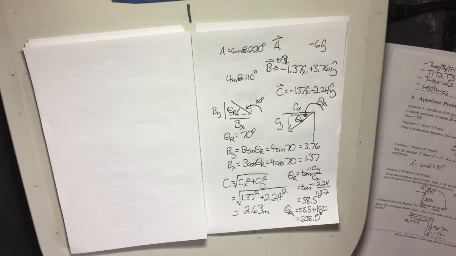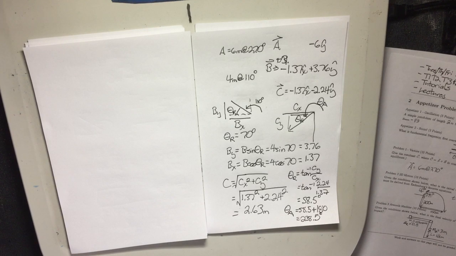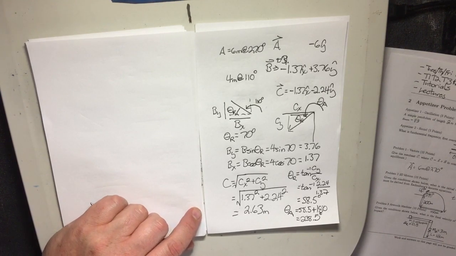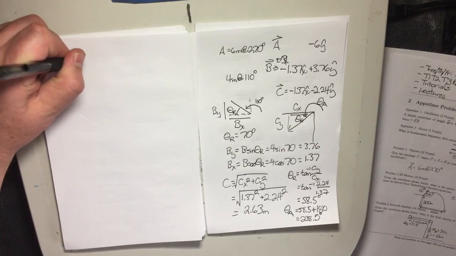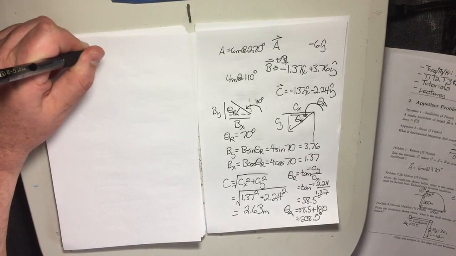Number 2. Like the tests, the final will not have quadratic solutions in it, or require a knowledge of it. That's math, that's not physics. So I am looking for the initial velocity and angle at launch.